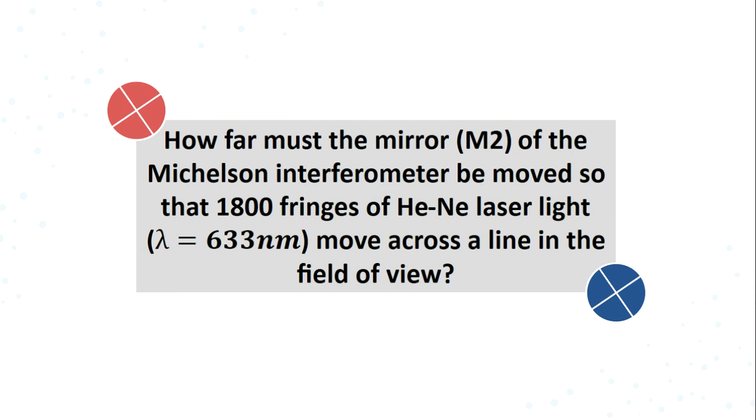So we have here a sample problem. How far must the mirror M2 of the Michelson interferometer be moved so that 1,800 fringes of helium neon laser light with a wavelength of 633 nanometers move across a line in the field of view?